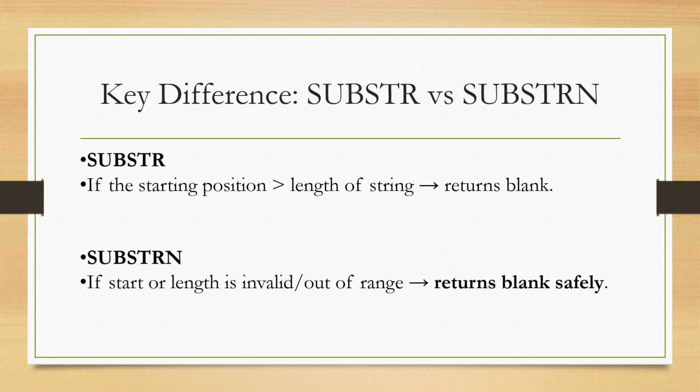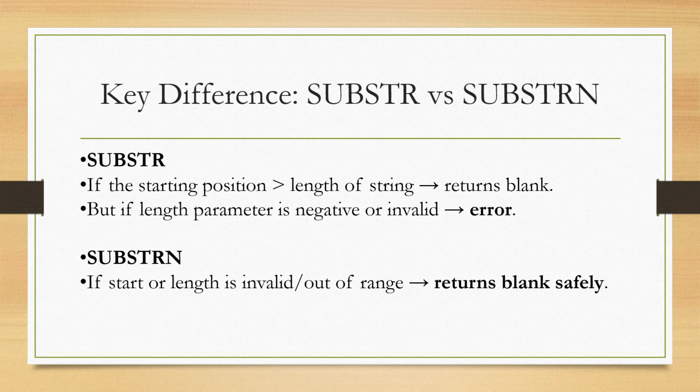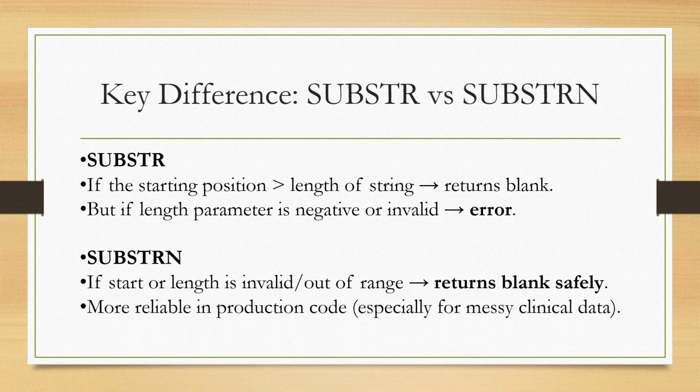Whereas with the SUBSTRN function, if the starting or the length position is invalid or out of range, it will always return blank and will not give an error while executing. In case of SUBSTR, if the length parameter is negative or invalid, it will always return an error. Whereas the SUBSTRN function is more reliable in this case, especially when the data is messy.